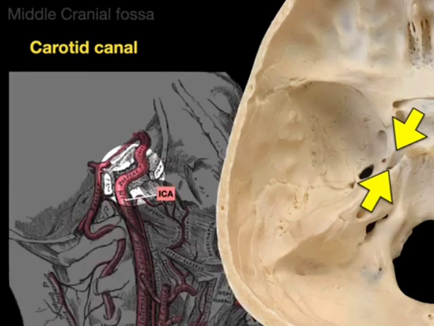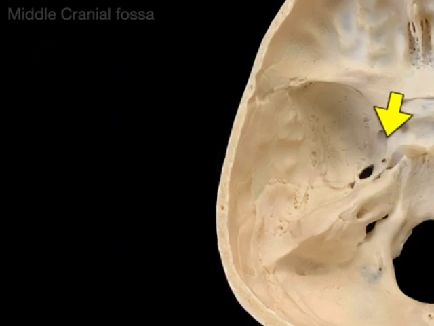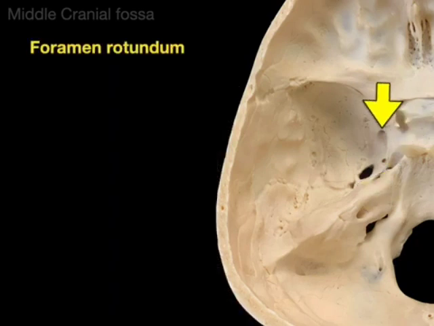In the bottom of the skull is the beginning of the carotid canal, and then what we're looking at here in the middle cranial fossa is the other part of the carotid canal, and the internal carotid artery traverses that. This is where the carotid canal exits.